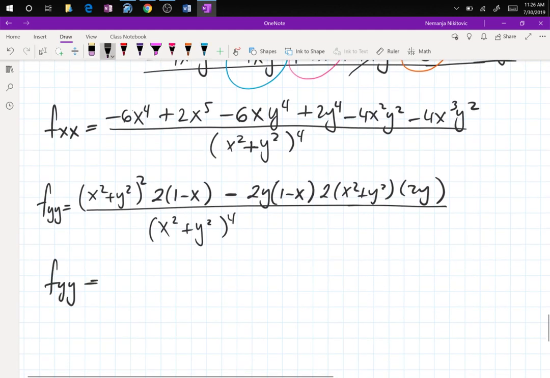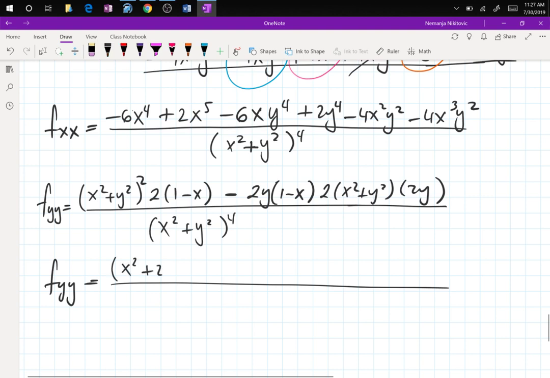So fyy. This is going to be 2 minus 2x, so it's easier. Well, then you won't know where it came from. So let's just go x to the 4th, 2x squared y squared plus y to the 4th times 2 minus 2x. And now multiply here as much as you can.